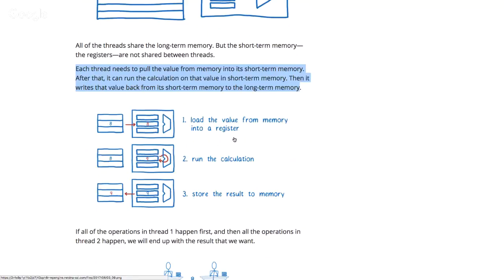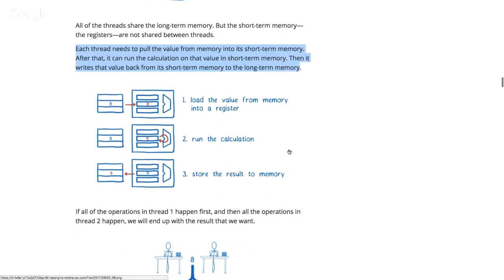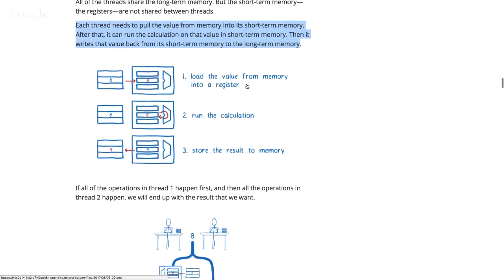They give a nice cartoon example here. Load the value from memory into register. The first cartoon shows long-term memory having a value 8, and from that the value is loaded from the long-term memory to the short-term memory.